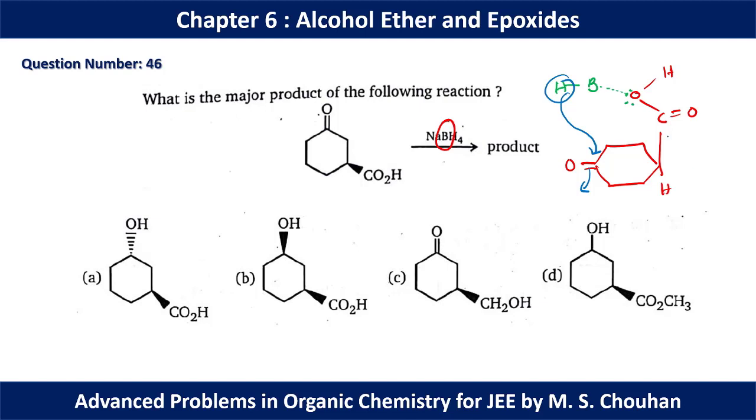We have mistakenly shown this carboxylic acid group here, it should be here. But it doesn't matter, because in both cases the boron will be trapped above the plane. So in this case option A will be the correct option because hydride will approach from above the plane and OH will be below the plane with respect to the carboxylic acid group. So for question number 46, option A will be the correct option.